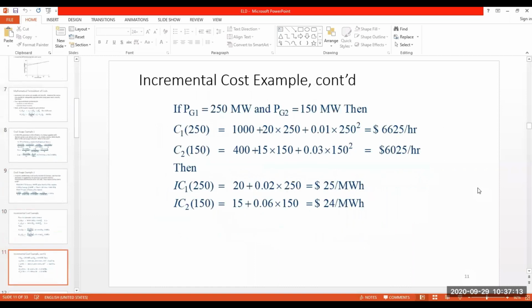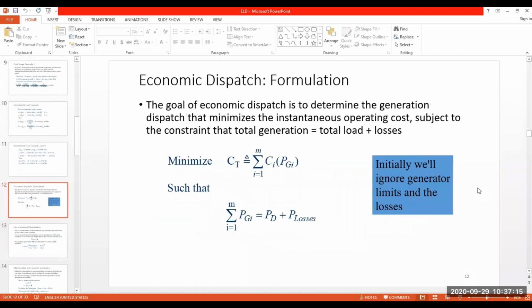So these things we covered in the last class, and we actually started this with the formulation of the economic dispatch problem. Our target was basically to minimize the cost, and the cost we are interested in for this topic is the fuel cost, or the running cost, or the instantaneous fuel consumption cost for the thermal power plants.